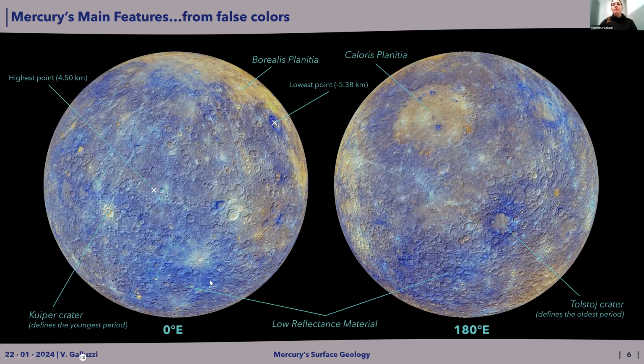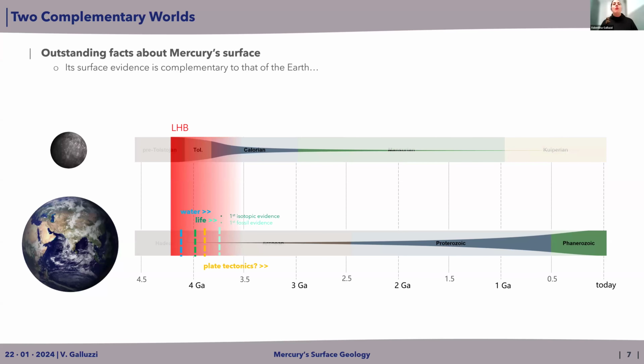And then we have this dark blue material, which is called the low reflectance material, which is thought to be a remnant of the original crust, maybe graphite. So we have seen how the global stratigraphy is overall defined.